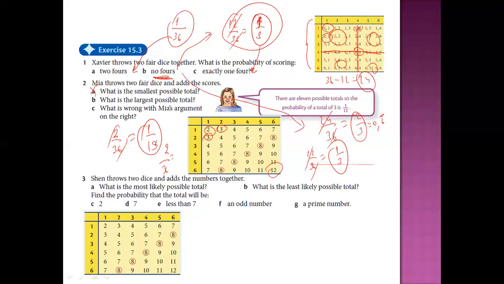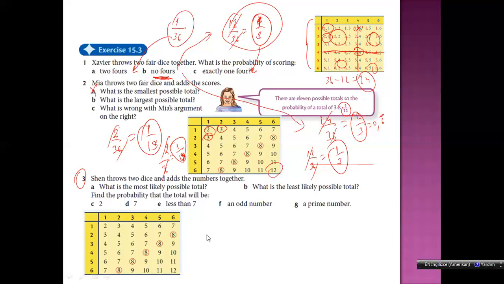When we simplify that, 1 over 18. The answer must be 1 over 18, not 1 over 11.